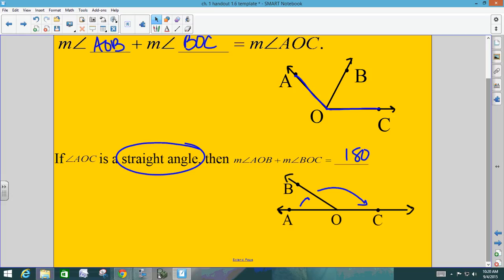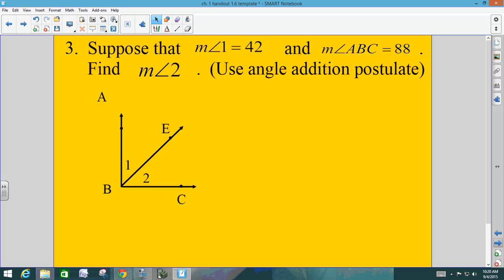All right, okay. I'm sorry about this next image. You should not have your right angle symbol in there, so maybe you want to cross it off. That doesn't need to be in there. Instead, we're going to go based off of what they tell me in the directions. So suppose that the measure of angle 1 is 42 degrees. I'm going to put a little 42 in there.